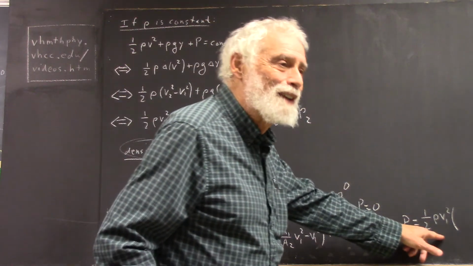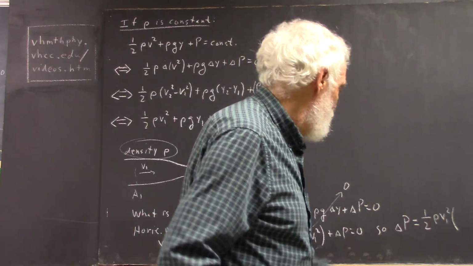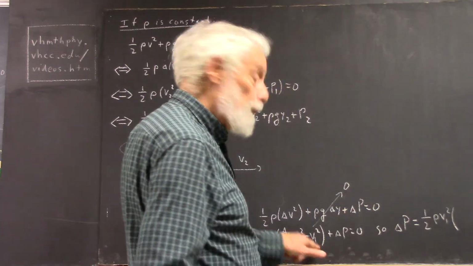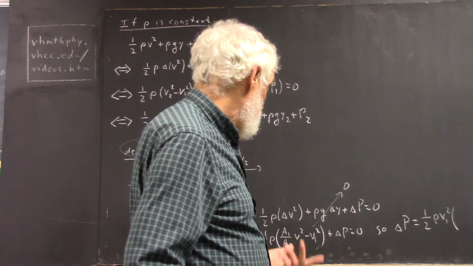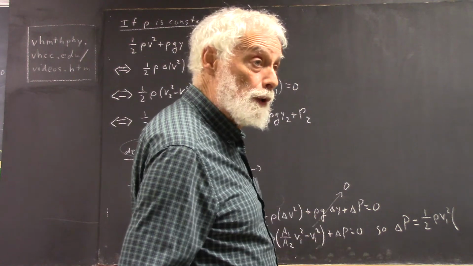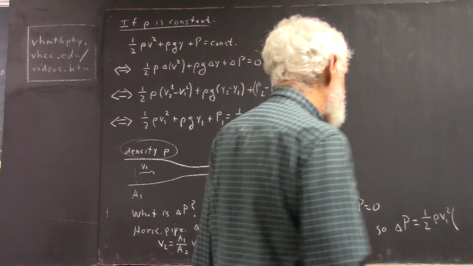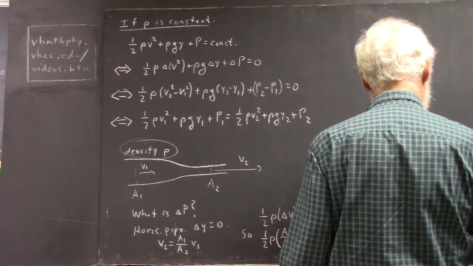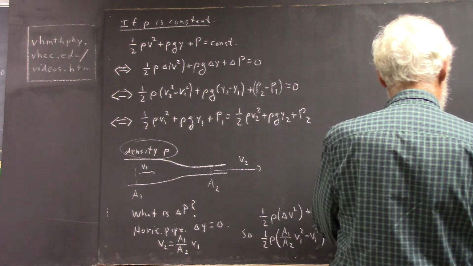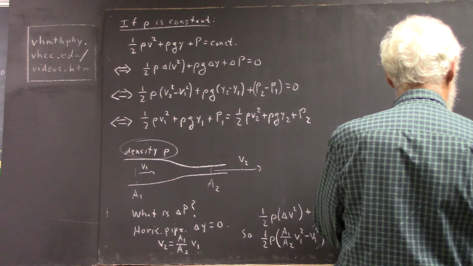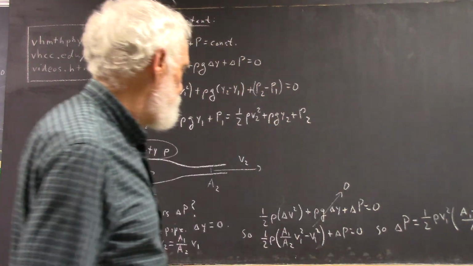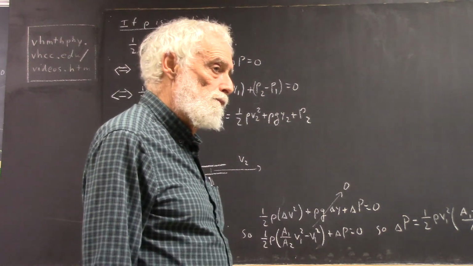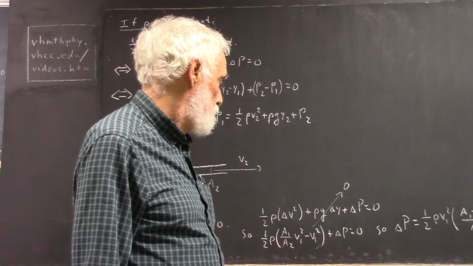You tell me. Okay, so anyhow, when I write this out, I'm going to factor out that V1 squared. Okay? And then I'm just going to have A1 over A2 minus 1, right? Yeah. And that's A1 squared over A2 squared. Wait, don't you have to square A1 over A2?